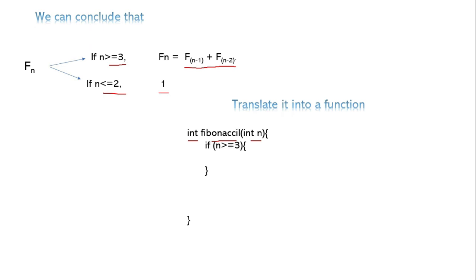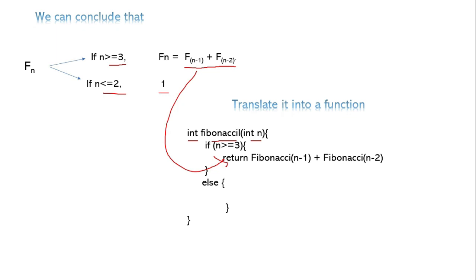And then we should check if n is greater than or equal to 3, then the function should call itself by putting this here, Fibonacci n minus 1 plus Fibonacci n minus 2. Else, it should return 1 here. This one we call the base case, and this one we call the recursive case.